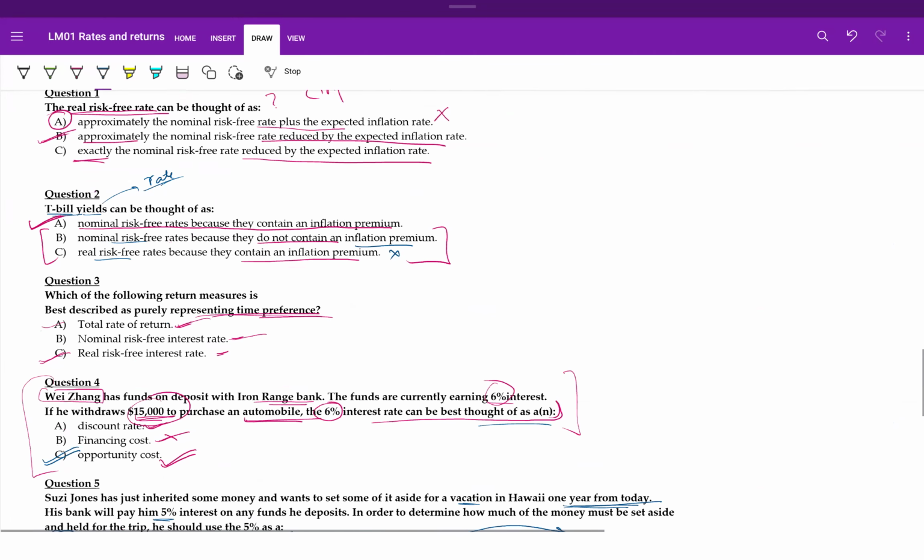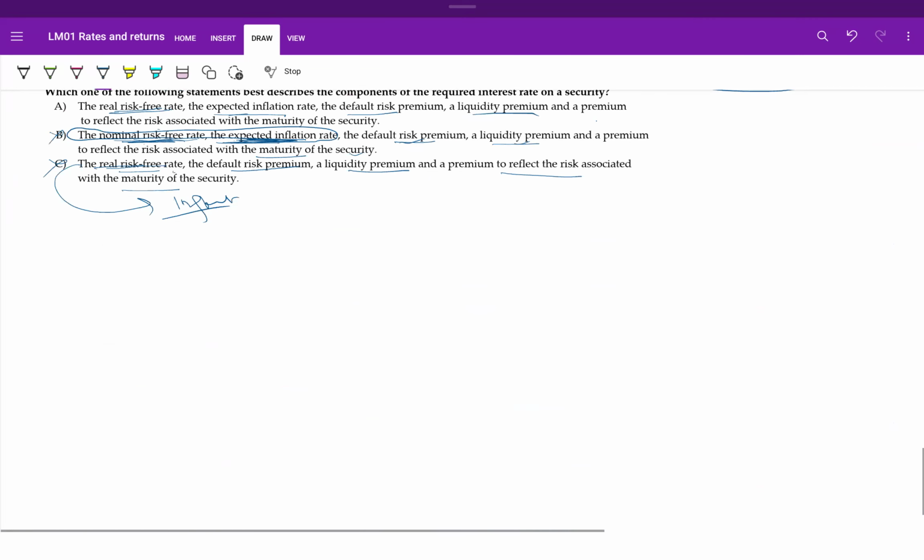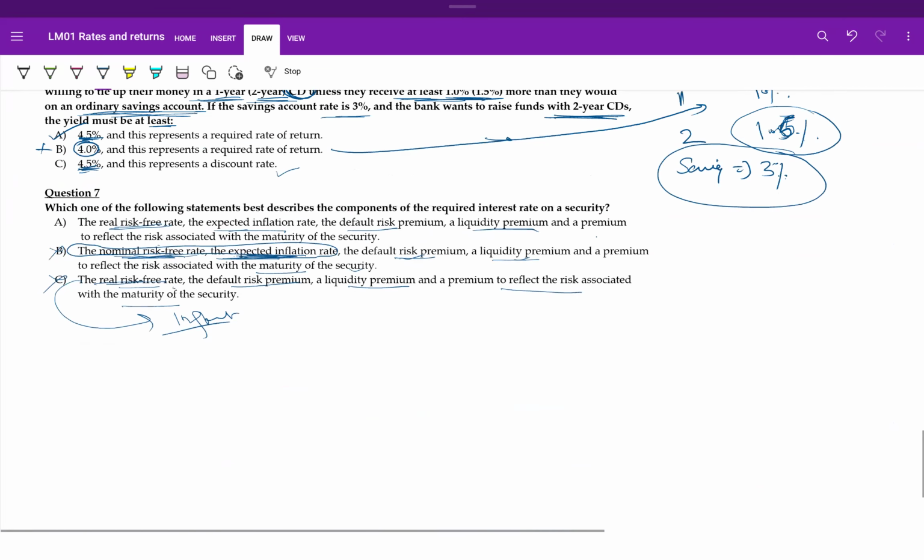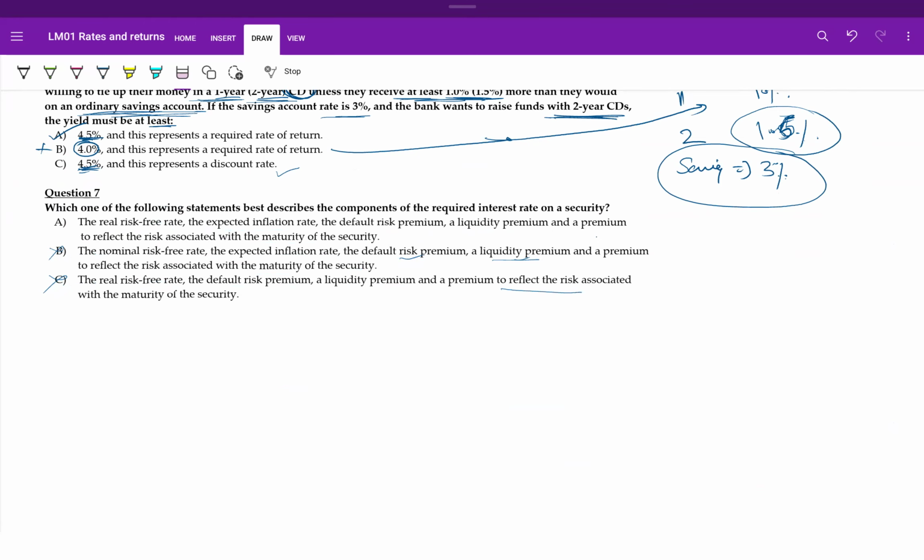So option A is the correct answer for this example.